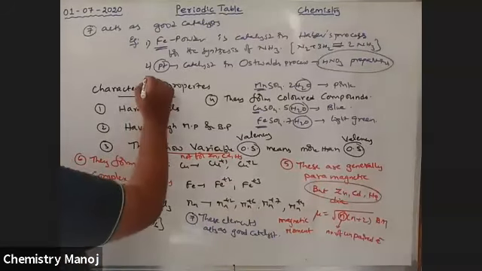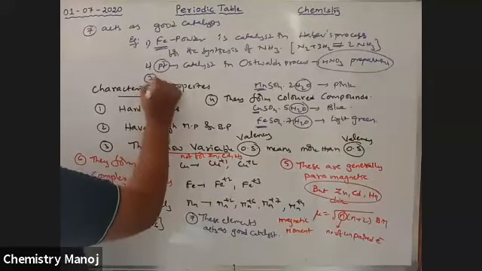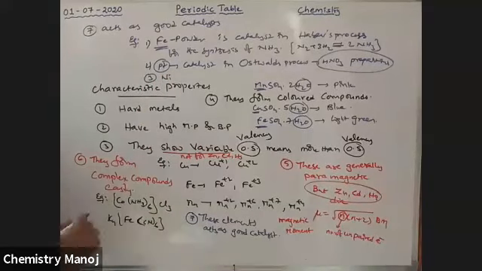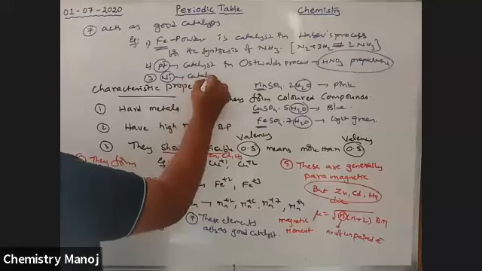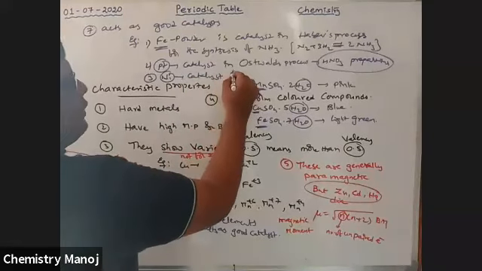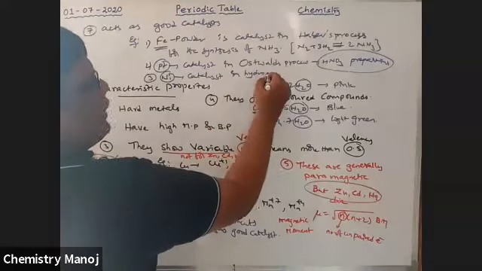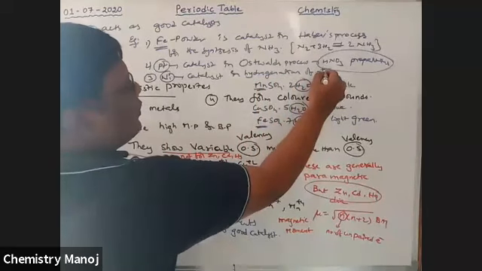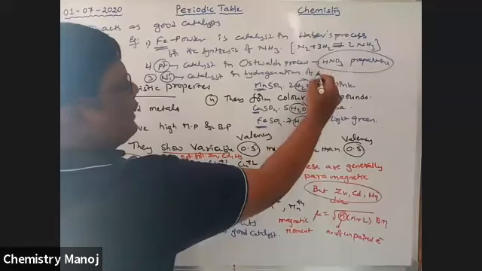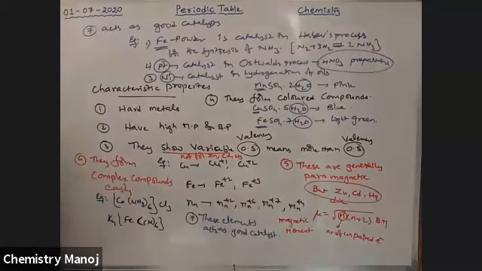Next one, third example. Metal nickel is a catalyst in hydrogenation of oil. It is used as a catalyst in hydrogenation of oil, like vanaspati oil, dalda.